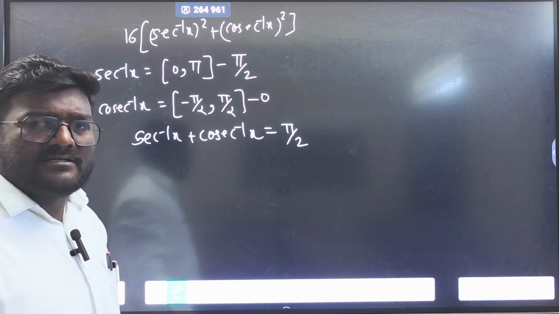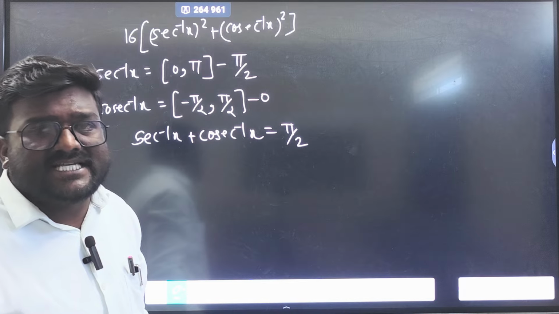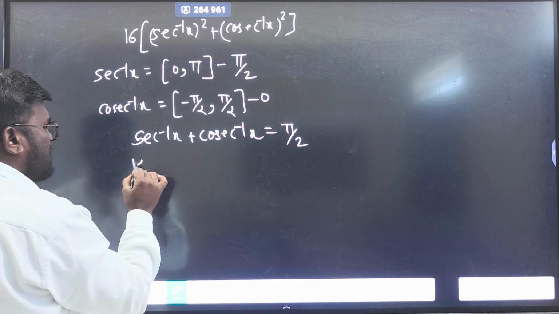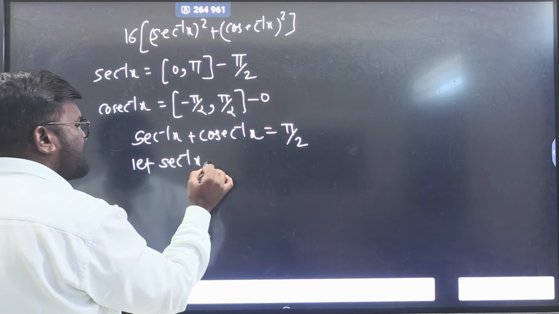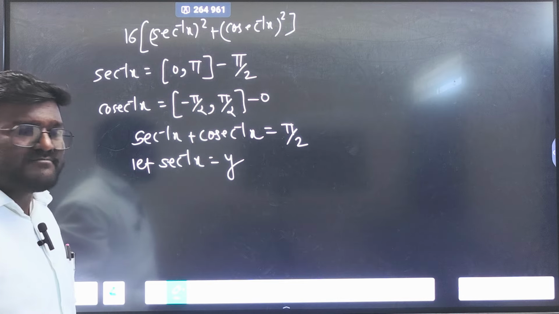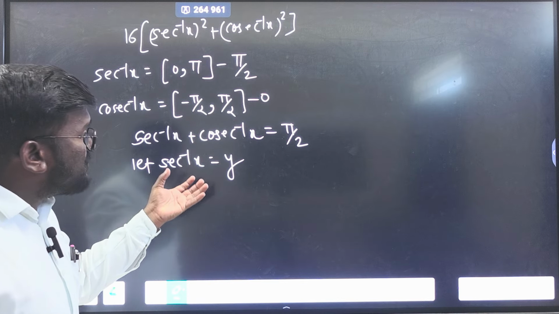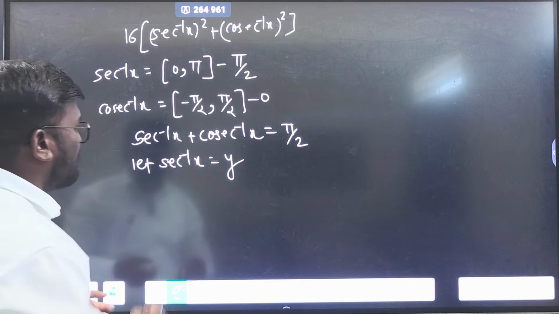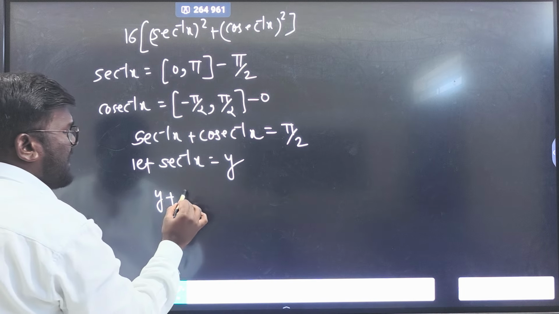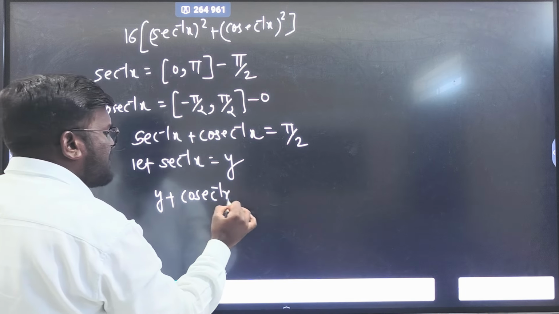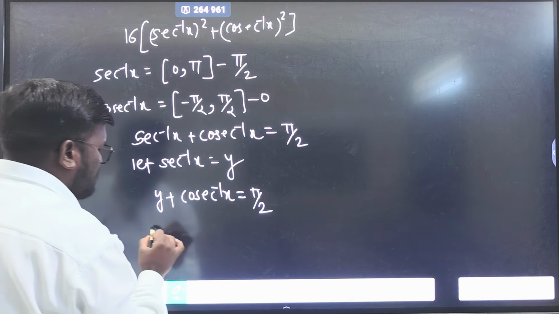Now let's consider sec inverse x equals y. Substitute this in the formula. So what you will get? y plus cosec inverse x equals pi by 2.